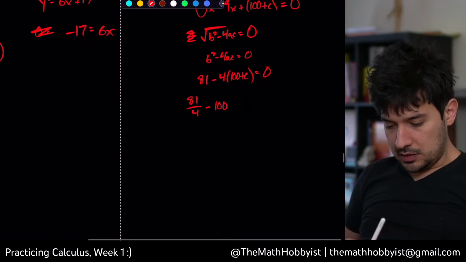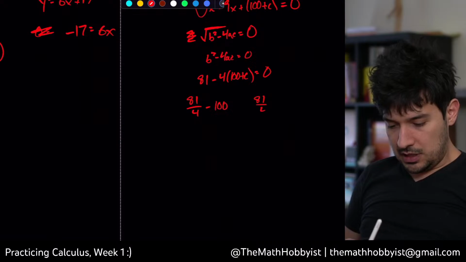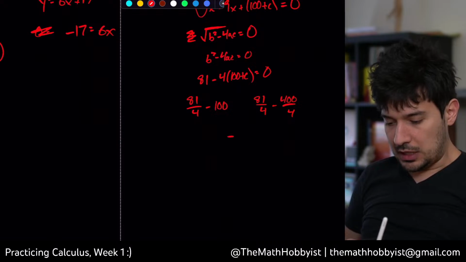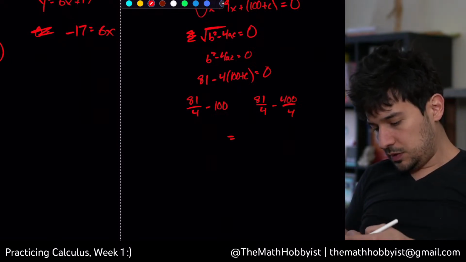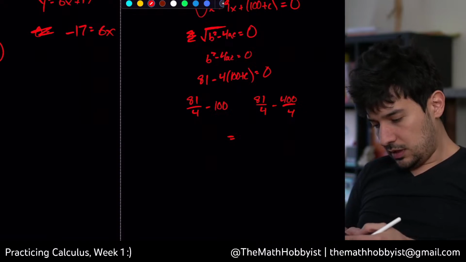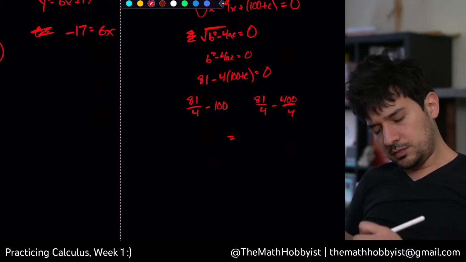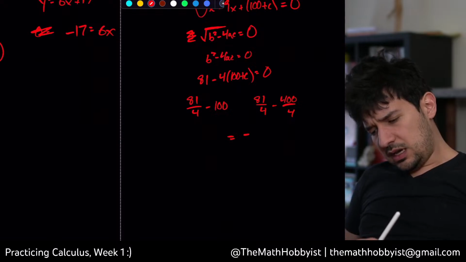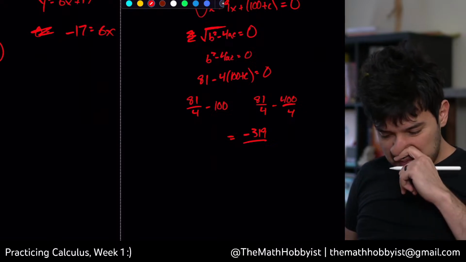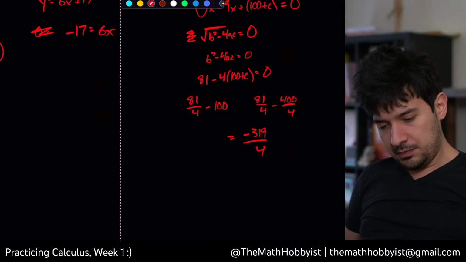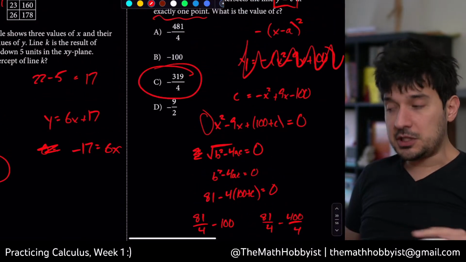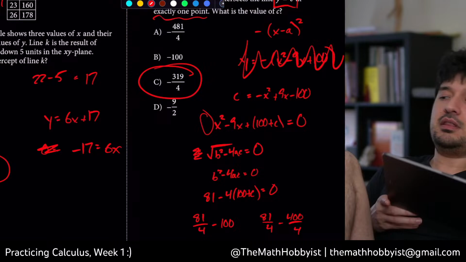Minus 100, so the common denominator is going to be 81 over 4 minus 400 over 4. 81 minus 400 is negative 319. I can just see that. Negative 319 over 4. Yep, that is an option. Cool.